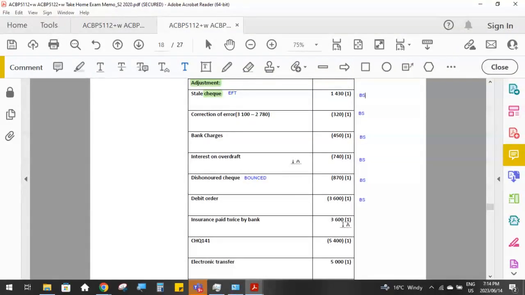by adding back to our bank account. This is actually 1,800 times 2. Once for the month of May and once for the month of June. We are adding that back.